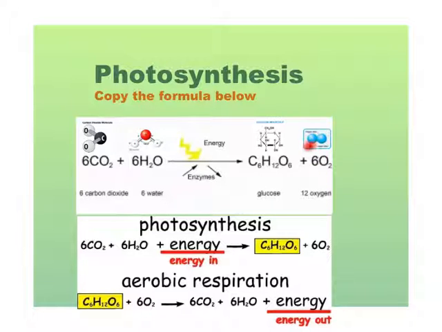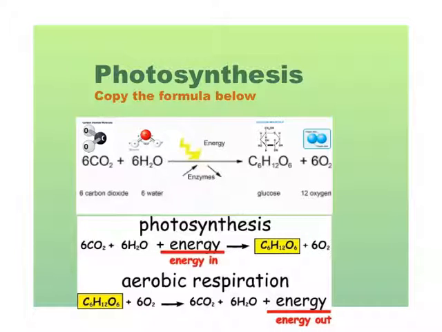This is what an O2 molecule looks like, and this is the waste that comes out of the plant through the stoma into the environment that we breathe in. So again, that's photosynthesis, and it's shown right here. The energy goes in and creates this chemical energy, which is glucose.